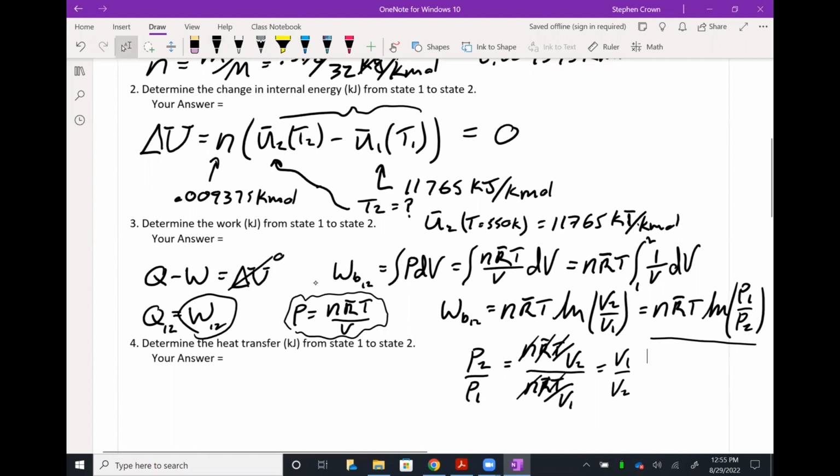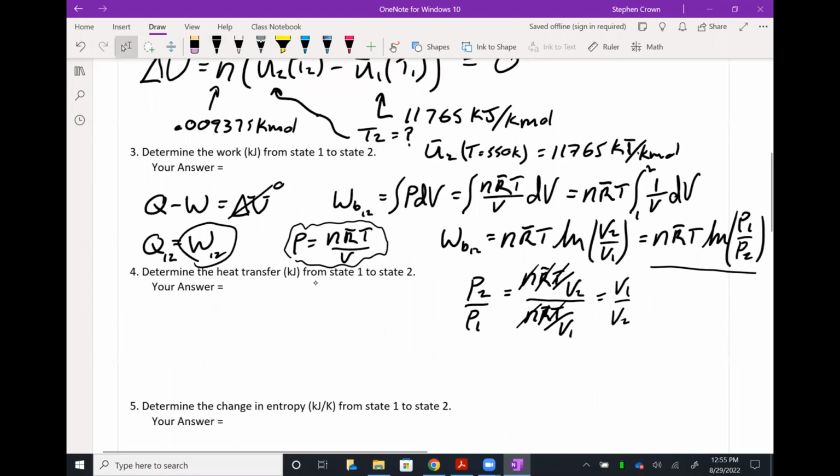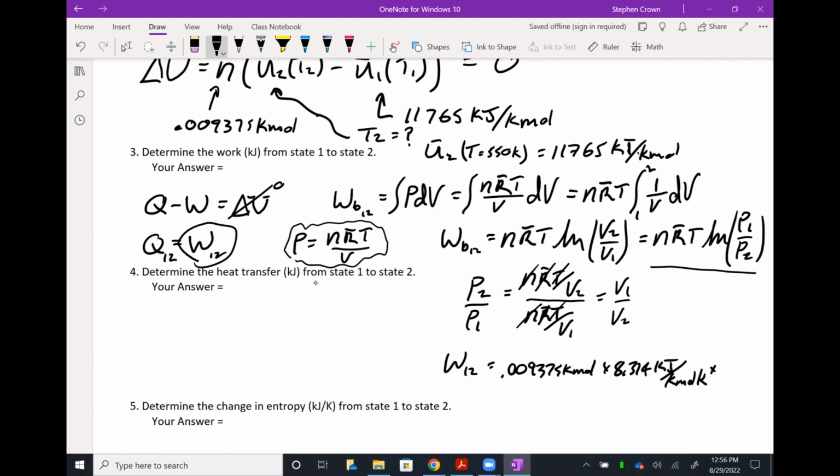So finally, I can have the work 1 to 2 equals 0.009375 kilomole times R bar, 8.314 kilojoule per kilomole Kelvin, times 550 K, times natural log of 1.5 bar over 4.5 bar.